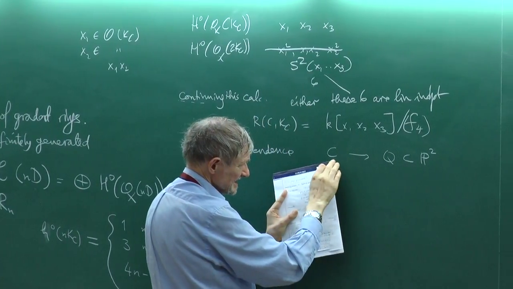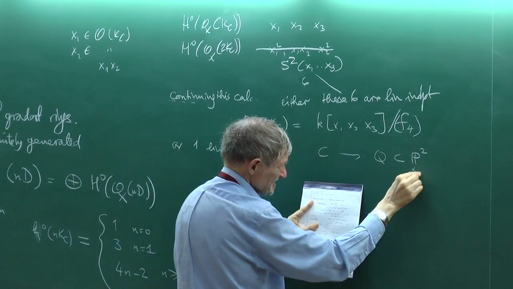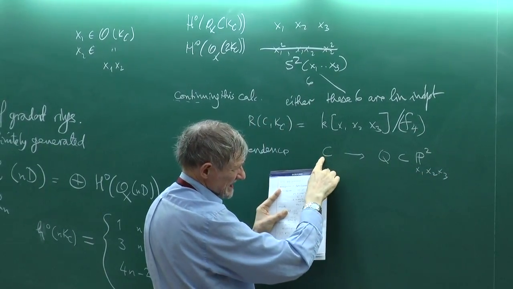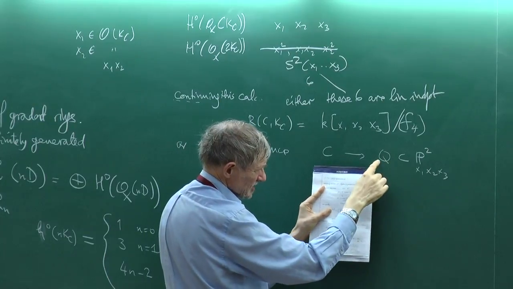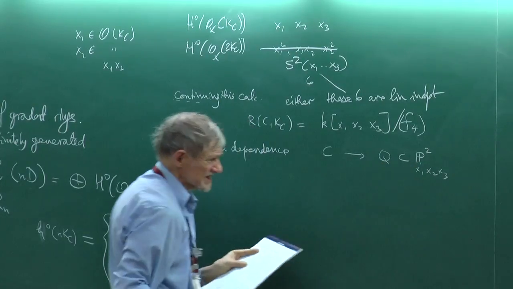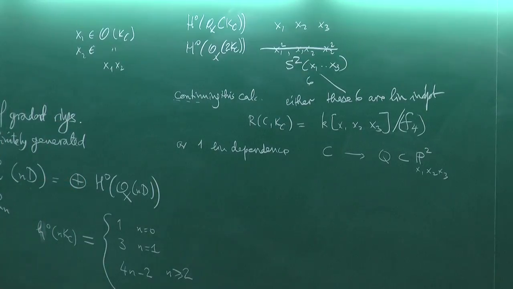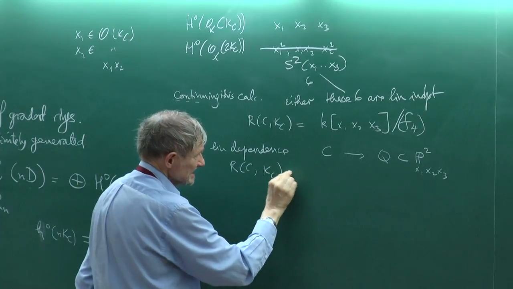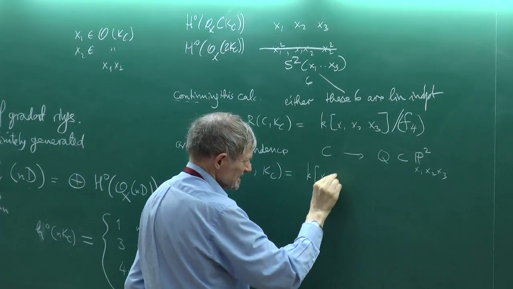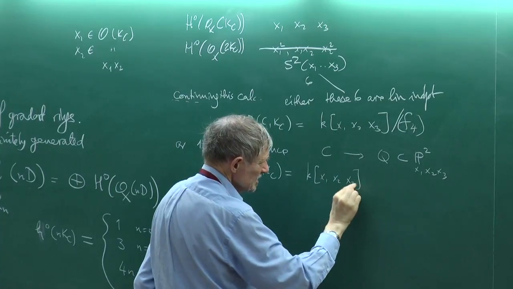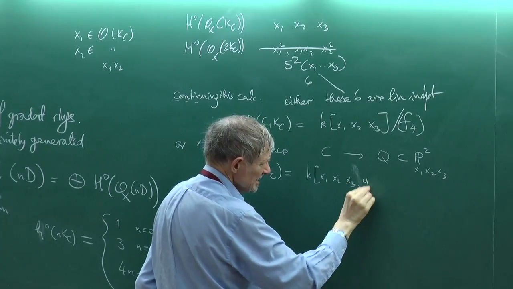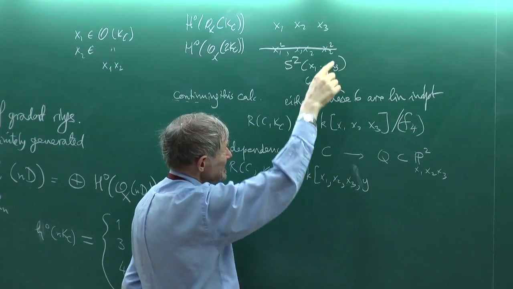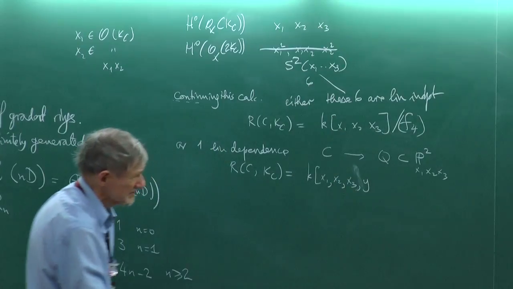The x1, x2, x3 here are linearly independent when you restrict them to C. That means there's a curve given by a quadratic equation in P2, and C is the image of that. And then, in this case, R of C and K_C is K[x1, x2, x3, y], if these 6 are not a basis, if they're not linearly independent, then I've got to add at least one more element to make them a basis.